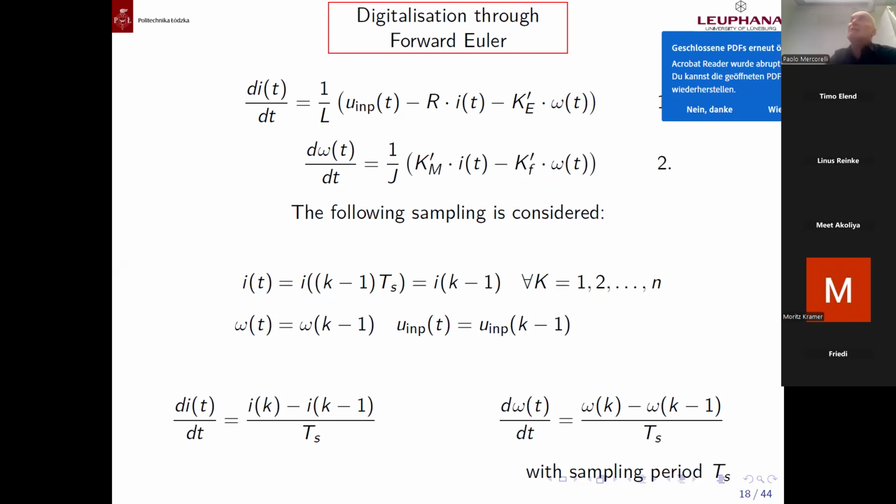But what is the meaning of discrete? Let me show you a little bit the meaning of continuous, not discrete, in this sense. The meaning here is that the time, the variable time, is a continuous variable, uniform continuous.